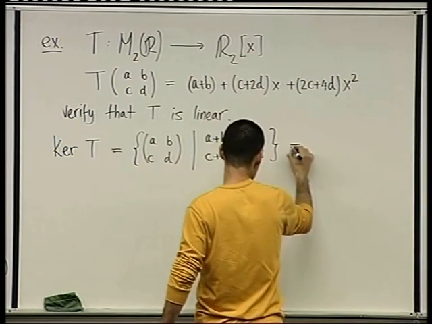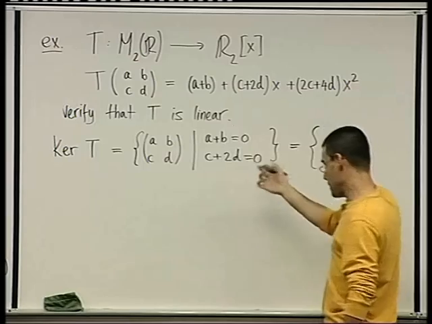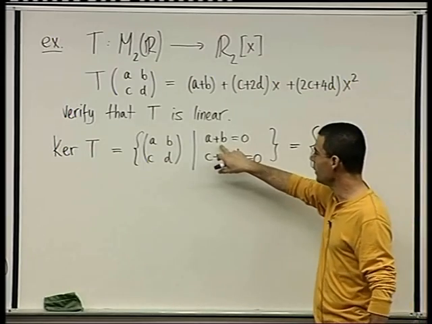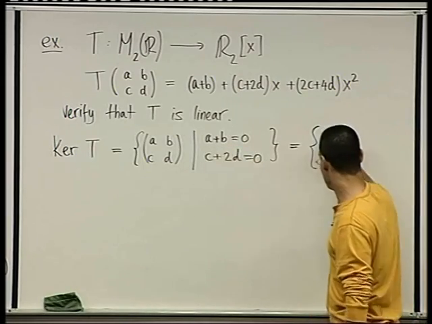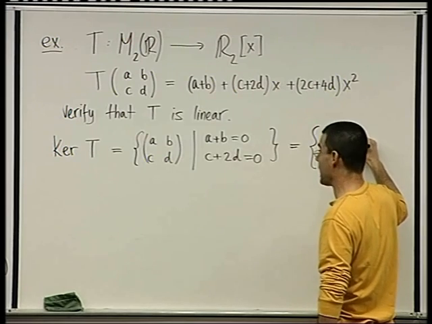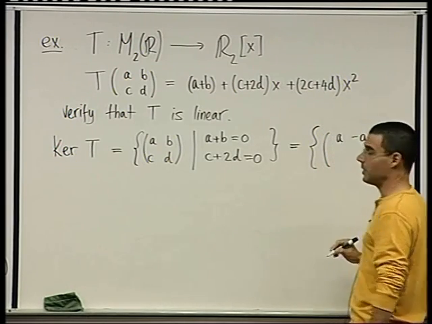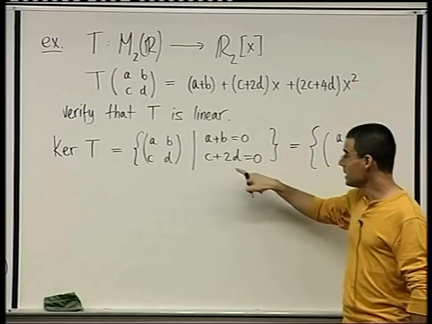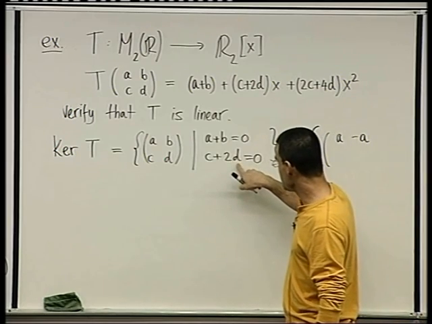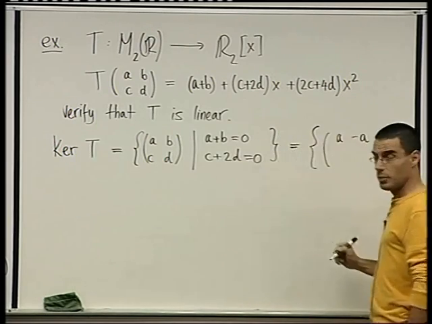We can rewrite this. It's very specific, right? From here it follows that B is minus A. So it's going to be matrices of the form A, B has to be minus A. And then D is minus C over 2.